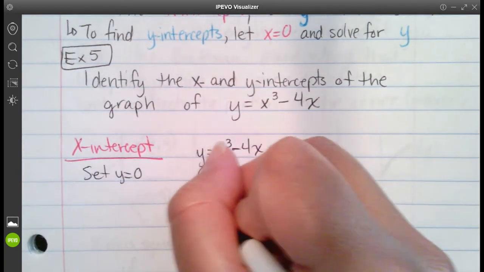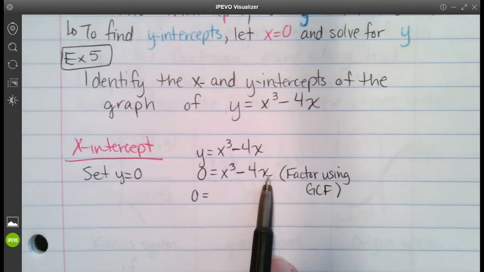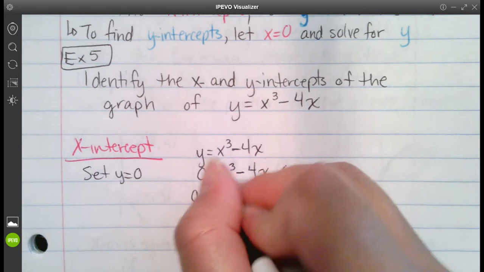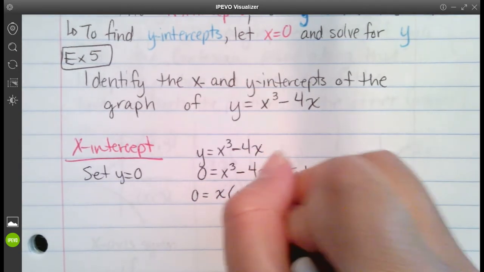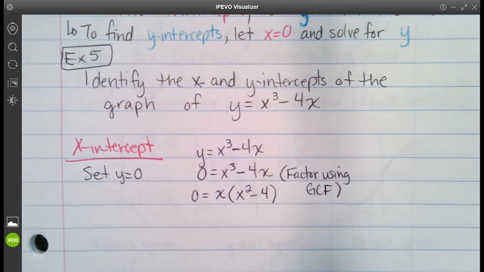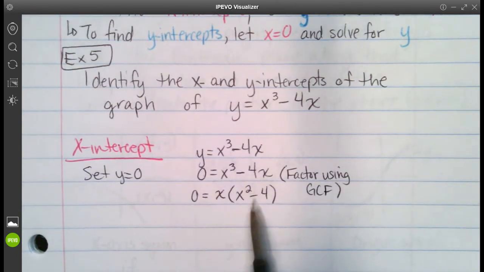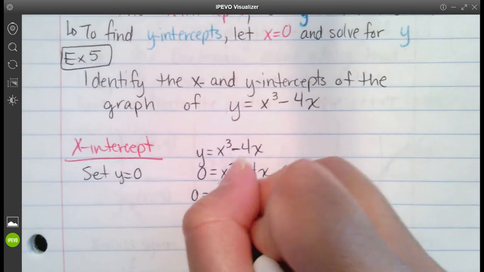Okay, so both of these have at least one x in common, which means I can divide an x out of here and an x out of here. If I divide that x out, I'm left with x squared minus 4. Okay, so it's kind of like you took an x out from this term and from this term, and we're left with this.